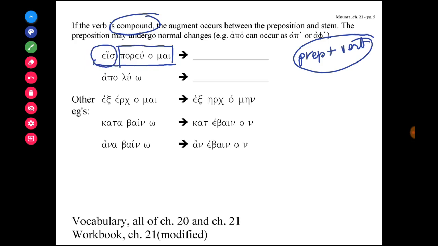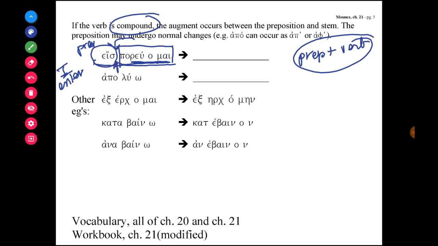Yes, this can be translated literally as I go into, but it can also be translated as I enter, and because this is a preposition, you cannot augment a preposition. This is where the main verb is.